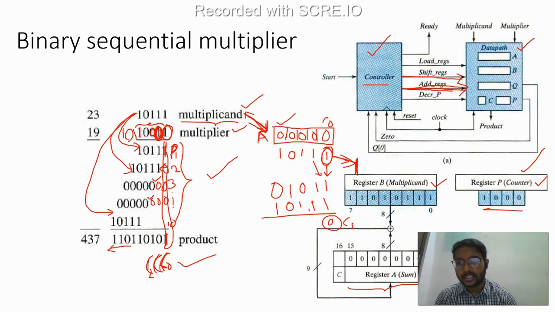Once you obtain partial product 1, you decrement the counter to 7. Once you obtain partial product 2, you decrement the counter to 6. And once you reach the 8th partial product, your counter will be 0. If your counter is 0, it represents that there is no more shifting required, and you can just add everything so that you will get your final product.